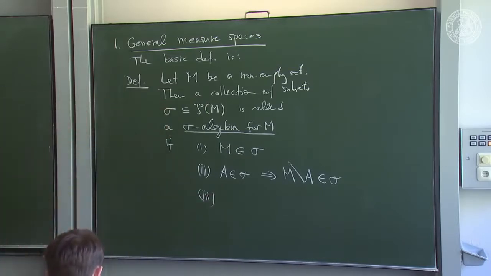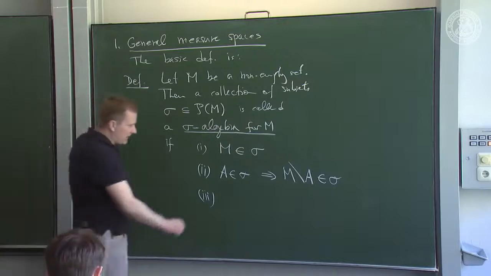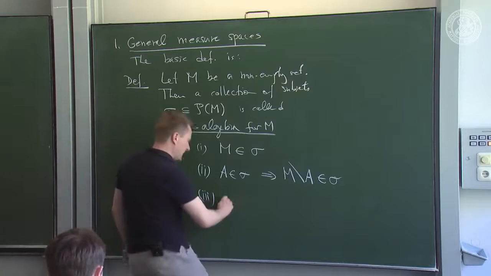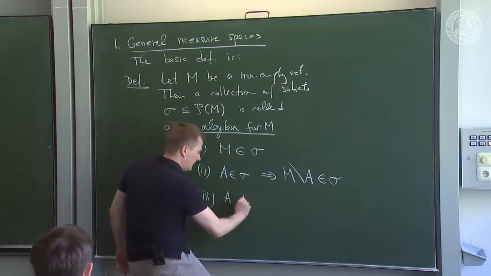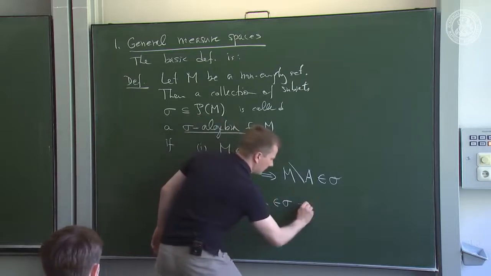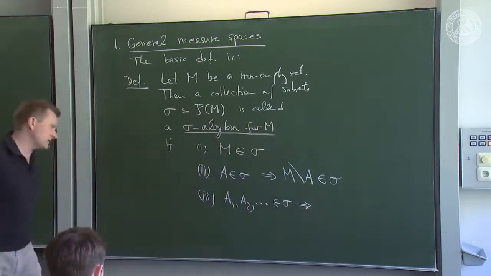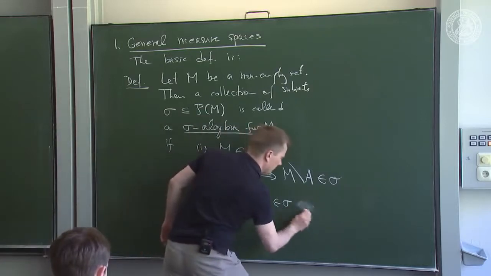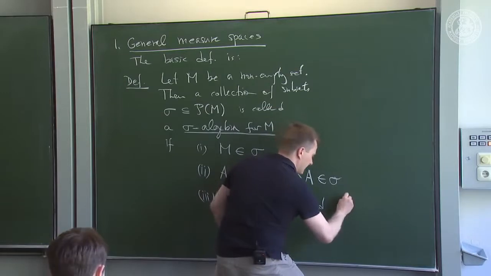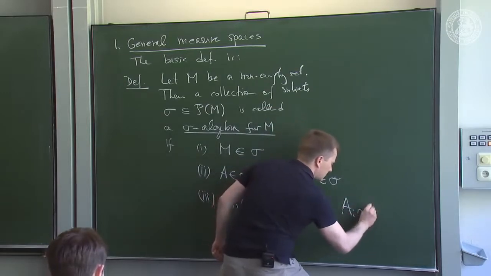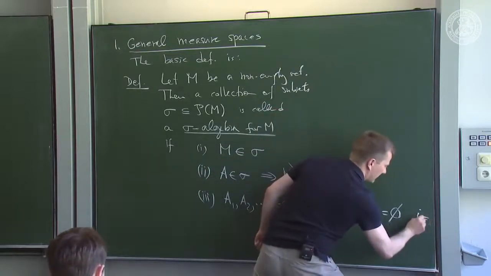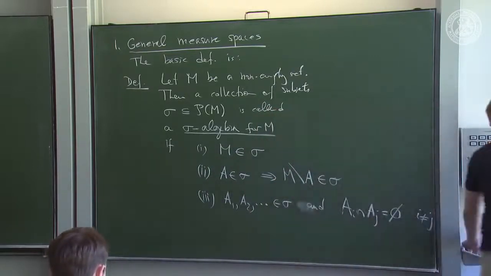And the third requirement is that if you have a sequence, an infinite or a finite sequence, it doesn't matter, A1, A2, dot, dot, dot, they all lie in sigma. That's the first condition. And they are pairwise disjoint. So Ai intersection with Aj is the empty set for i not equal to j.